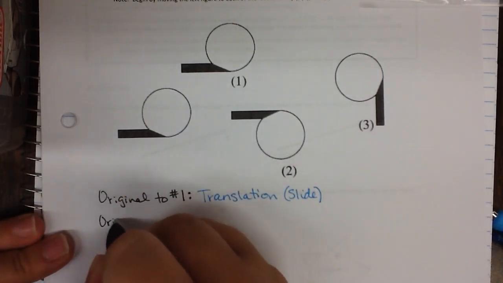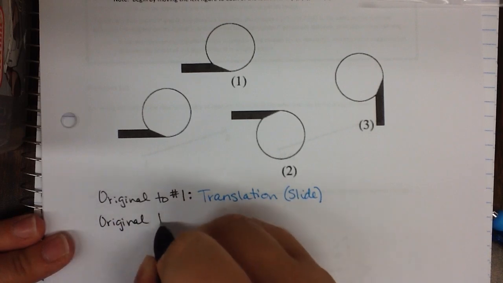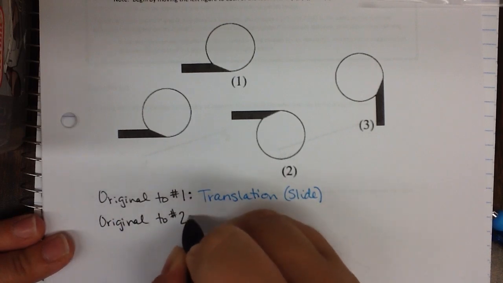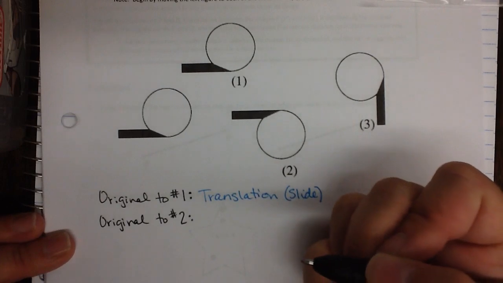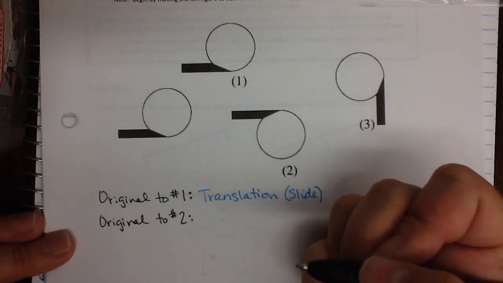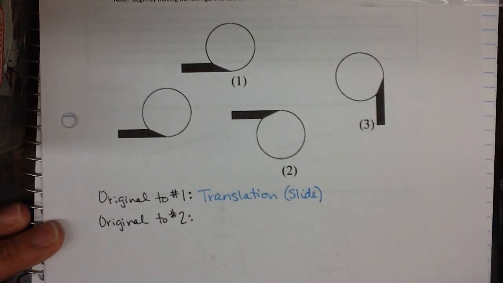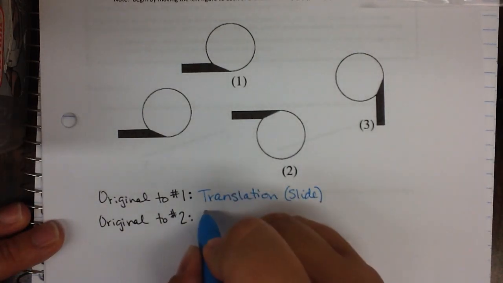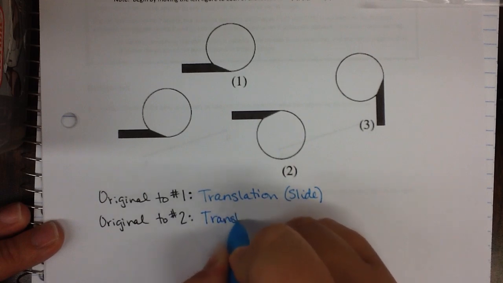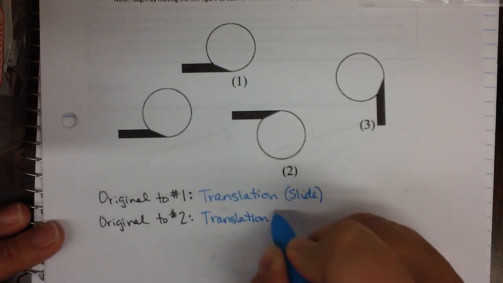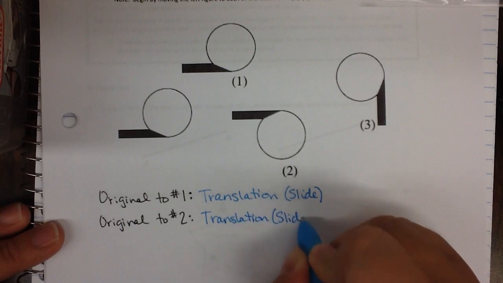So the original to number 2. Okay, I'm going to say this is a slide and then a reflection. So a slide would be the translation. That's the terminology.